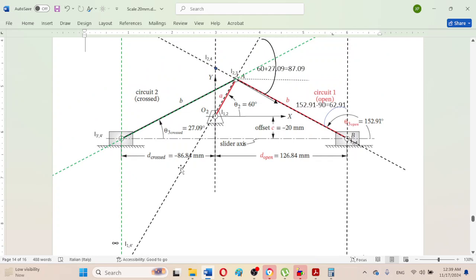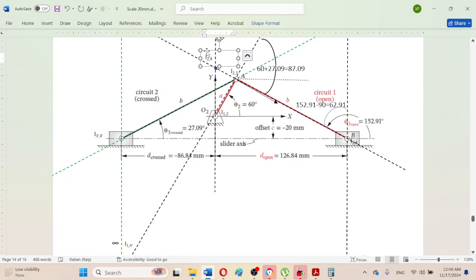So that means this will be this point. Remember, this point will be the instant center I2,4 dash.